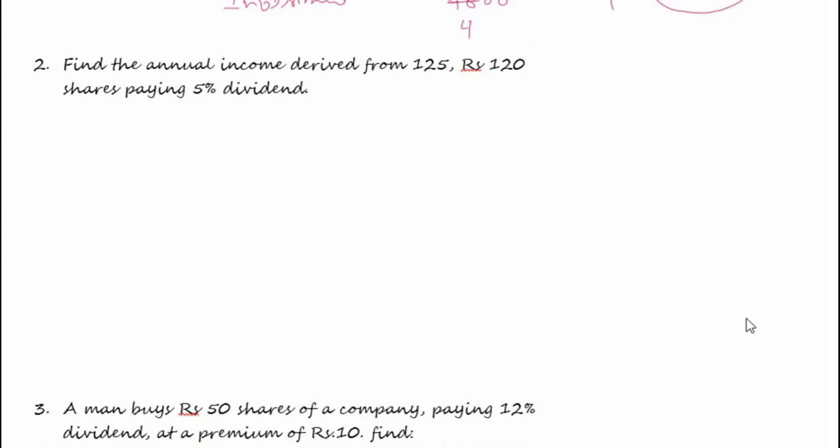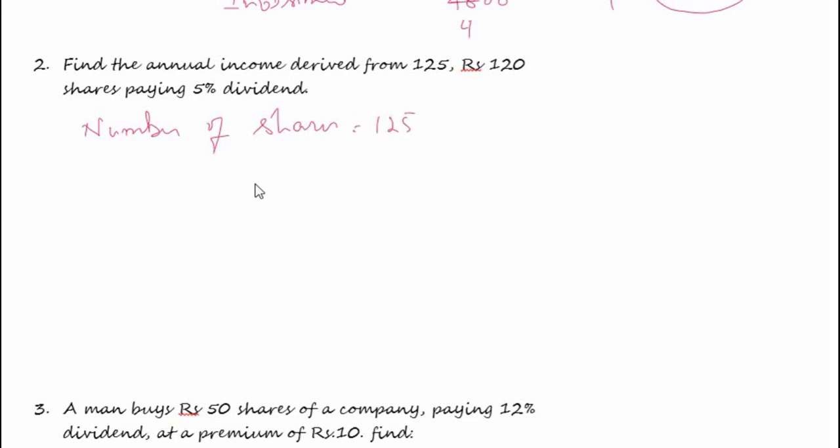Find the annual income derived from 125 rupees 120 shares paying 5% dividend. Now the data we have here, number of shares first. Number of shares is 125.